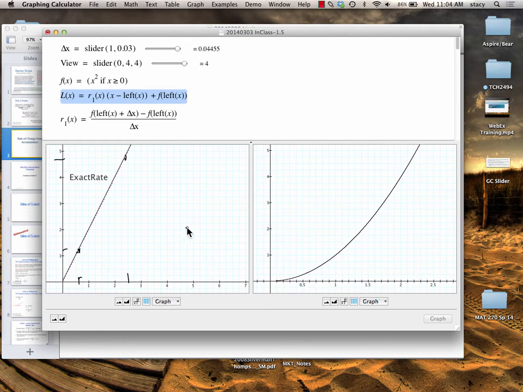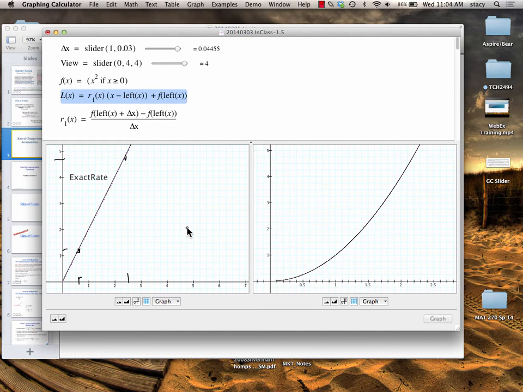Okay. So did you all fill out 1 through 5 while we were doing this? Okay. So let's recap. We partitioned the x-axis by choosing values for A, your starting value, and delta x.